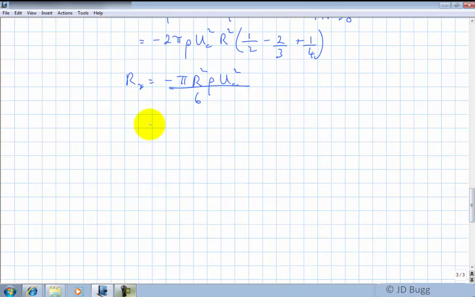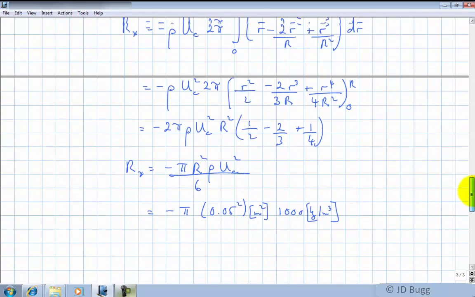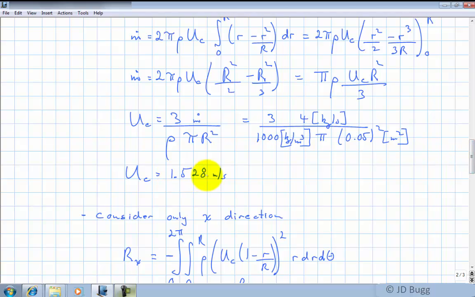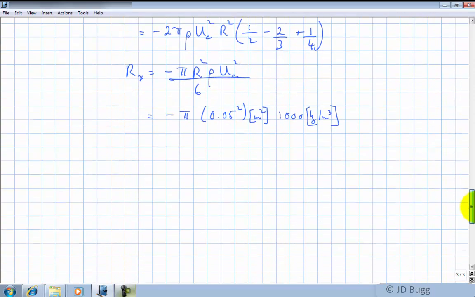So we're ready to substitute numbers into this. So we have minus pi, R is 0.05 meters, so R squared is 0.05 squared meters squared. Density is 1,000 kilograms per meter cubed. The centerline velocity we solved for up here, 1.528.